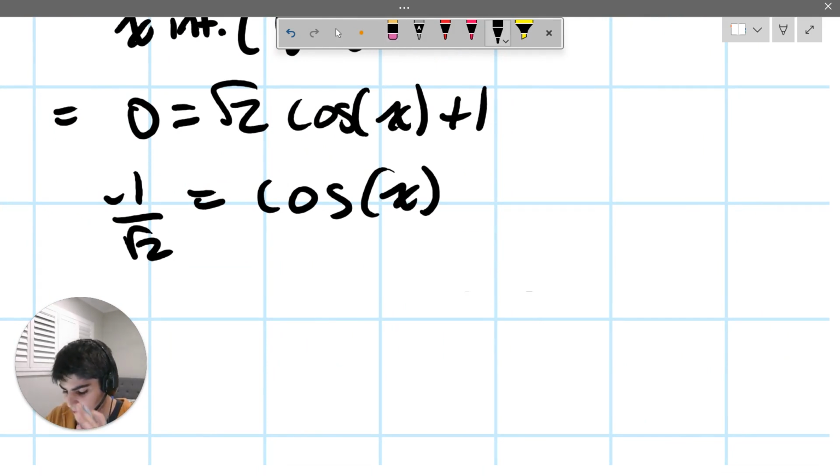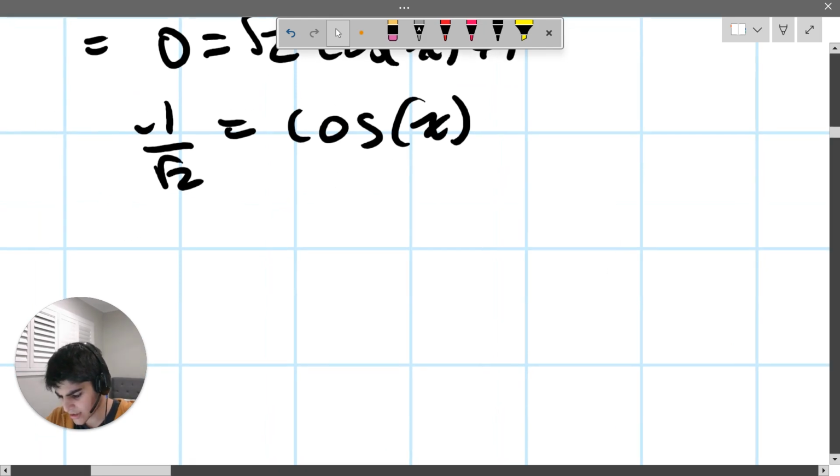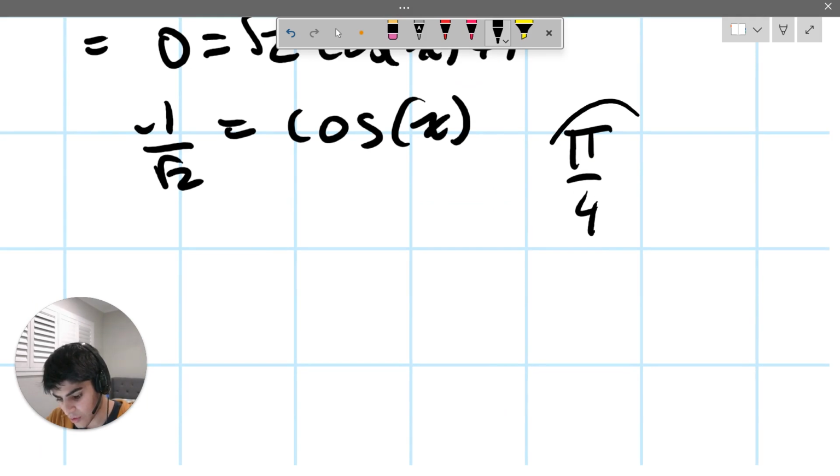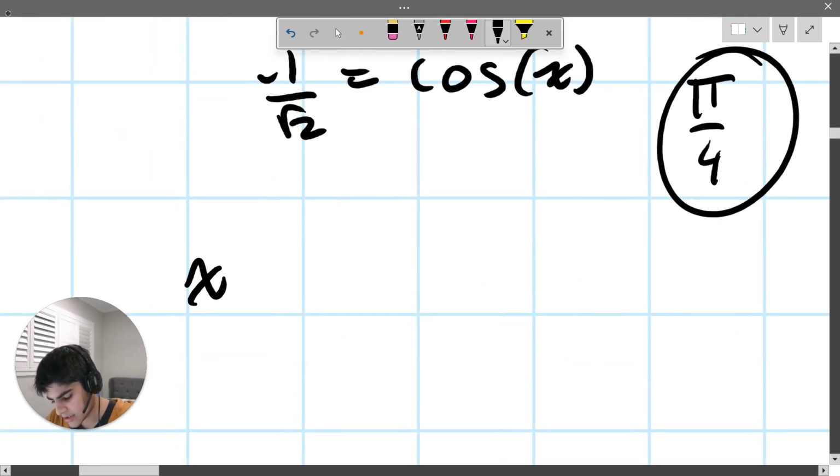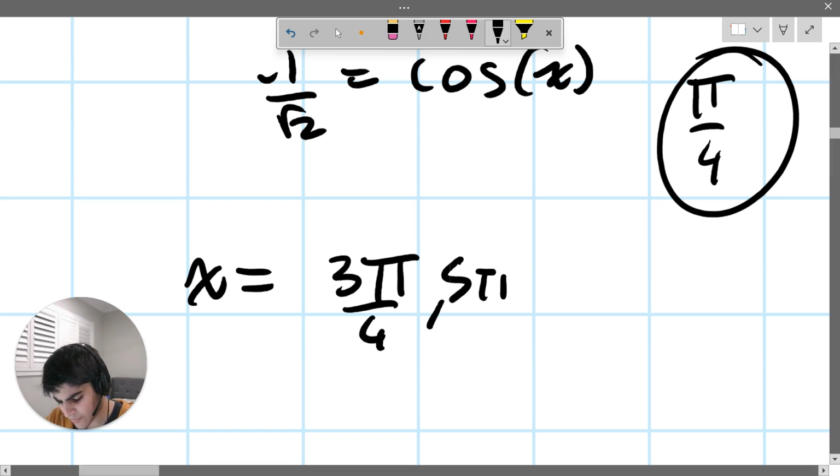To make this easier, memorize the unit circle and the special triangles, if you want to do it as quickly as I can. Cosine x equals negative root 2 over 2. Pi on 4 is the reference angle. x equals 3 pi on 4 and 5 pi on 4.